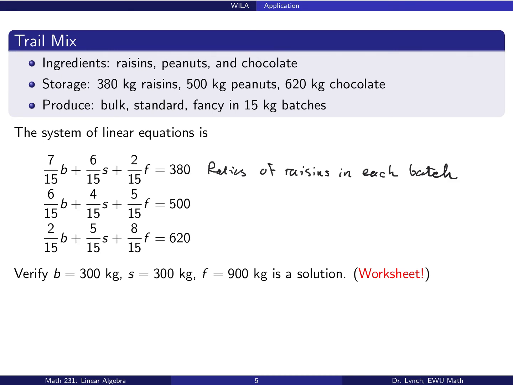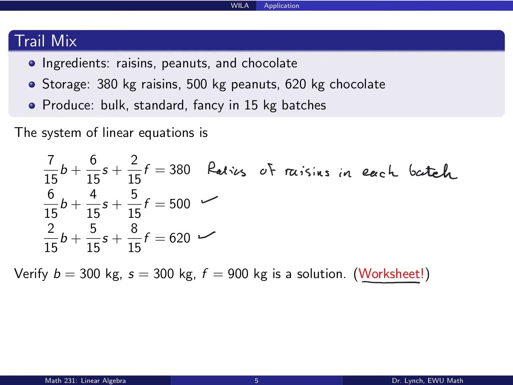And then similarly, for the total amount of peanuts and the total amount of chocolate, we can cook up equations for those. Okay, so here's an opportunity for you to work something out on your own. When we have these worksheet items, it refers back to an activity that we'll discuss in class.